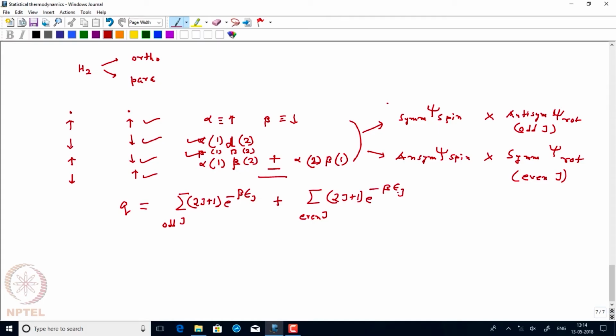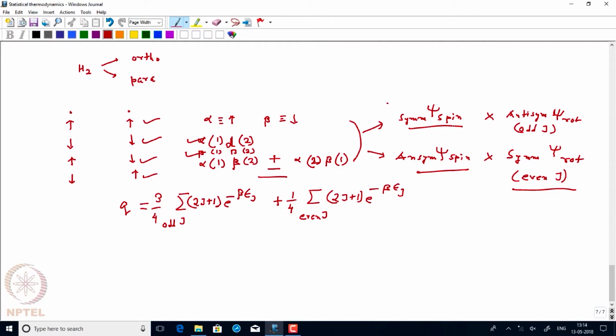All these even j's are associated with the symmetric psi rotation but the antisymmetric spin part, and the statistical weightage for that will be 1/4 only. For the odd j's you will have a 3/4 statistical weightage, because with the symmetric spin part you get three types of combination: alpha alpha, beta beta, and a symmetric combination of alpha beta plus beta alpha.